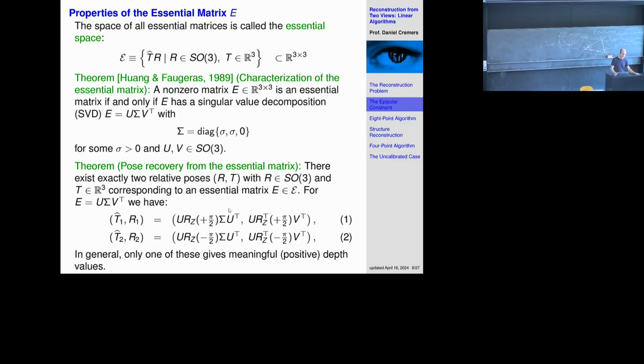The question then is often, which one is the right solution? We have one translation and rotation that is right, and one that is wrong. Typically you can try both and see which one gives meaningful positive depth values, and typically only one of the two is the right one. That's how you can distinguish which one is the correct solution.